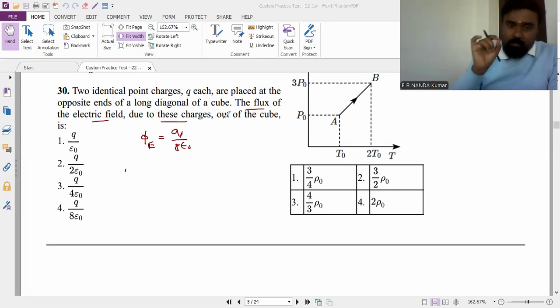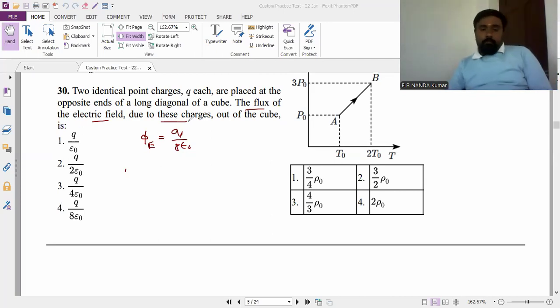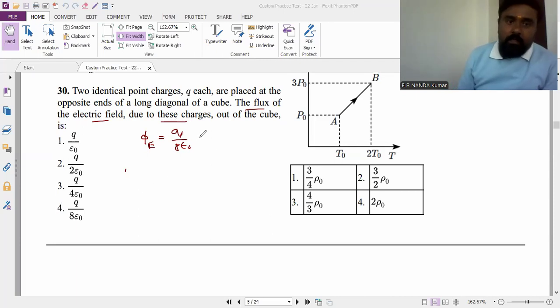One charge at the corner, flux is Q divided by 8 epsilon naught, surrounding it imagine 8 cubes. So total flux is Q by 8 plus Q by 8 epsilon naught. So this is Q divided by 4 epsilon naught. The right answer is third option.